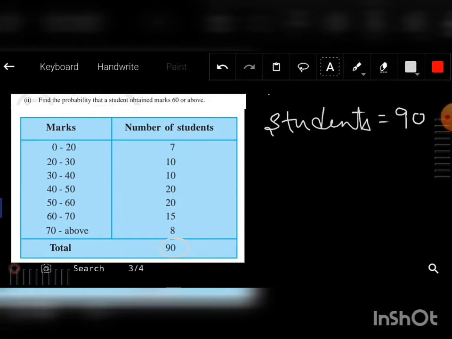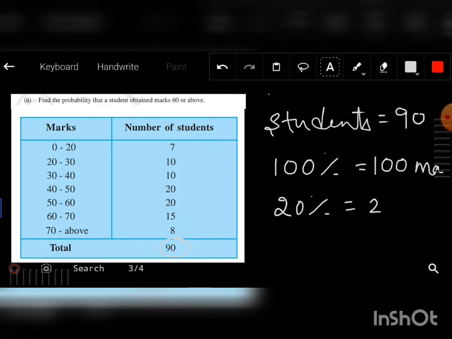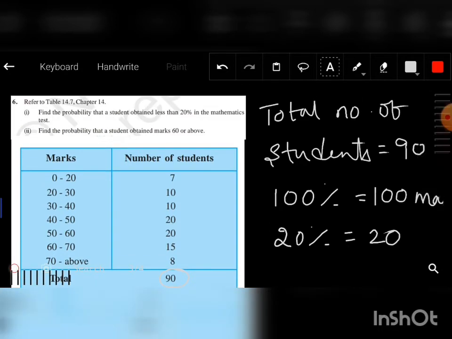The test is conducted for 100 marks, so 100% equals 100 marks. Now 20% means 20 marks. Now in the first question, find the probability that a student obtains less than 20% in the mathematics test.